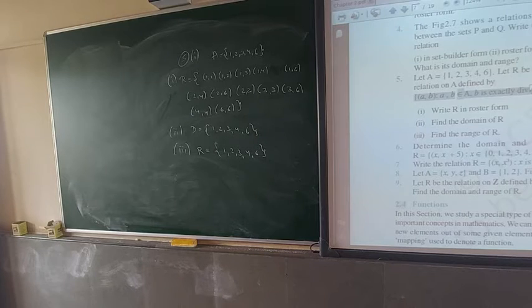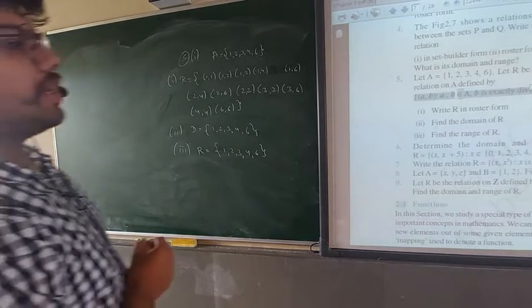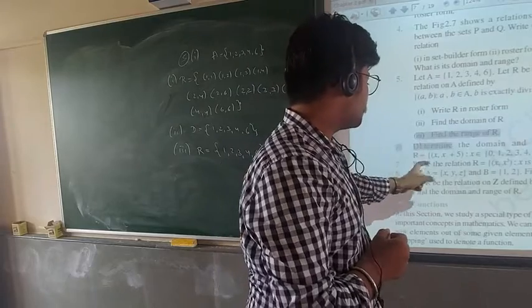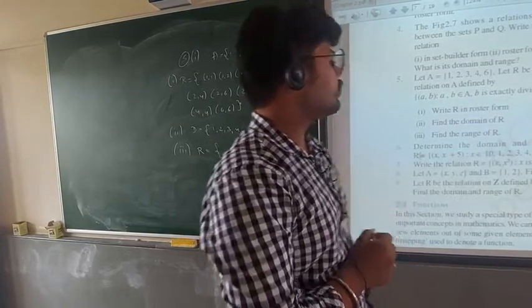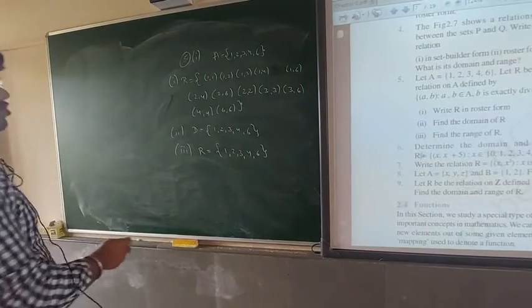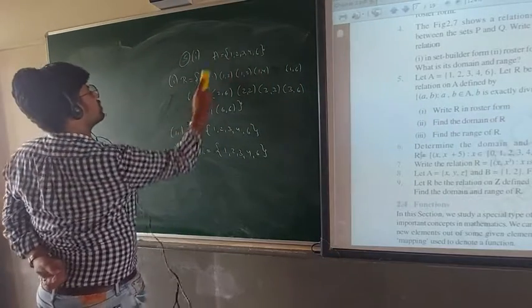Now question number 6. Determine the domain and range of the relation defined by R = {(x, x + 5)}, where x takes the values 0, 1, 2, 3, 4, 5. First I have to make the relation.